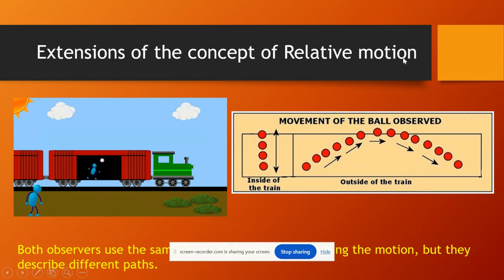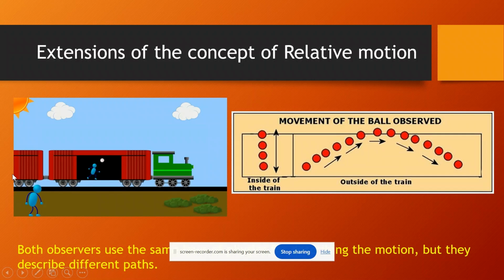Einstein then could extend the concept of relative motion. If you remember a little bit from your Newtonian physics, if somebody moves inside a train with a ball, moving at constant speed, and the person throws the ball vertically, from the frame of reference of this person here on the train, this person will perceive a vertical motion like this.